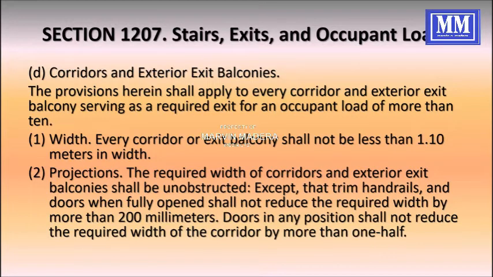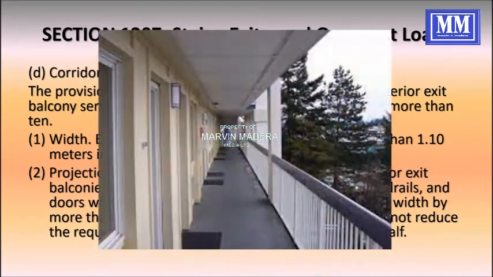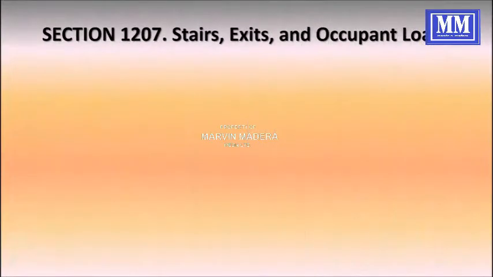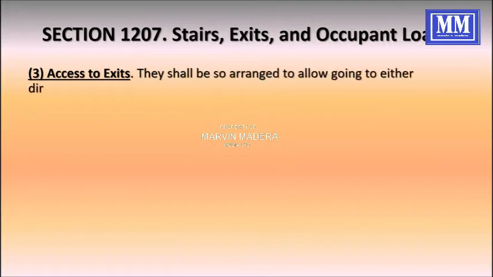Meaning that for corridors and exit balconies, there should be no obstruction within the exit doors or exit facilities. We have here a balcony of a certain building which serves as both the corridor and an exit for the occupants in this building. Access to exits.